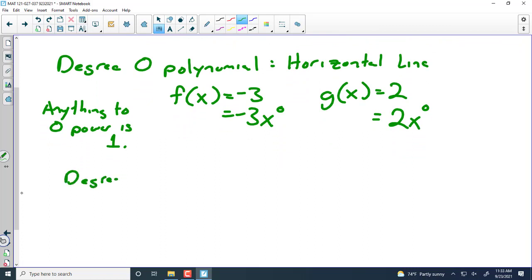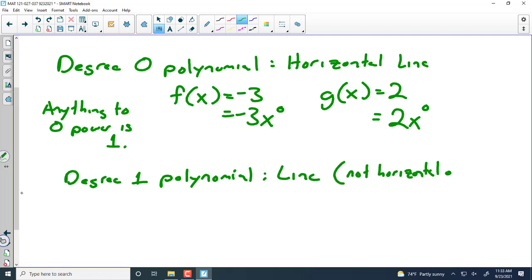A degree 1 polynomial is a line that is not horizontal or vertical. In other words, if you just want to say it's a slanted line, that's probably the easiest way to say it. It's a line that's slanted. It's not horizontal or vertical.